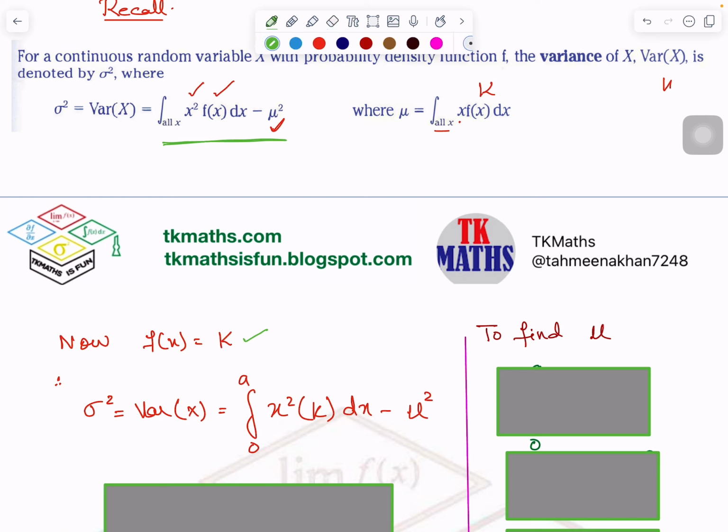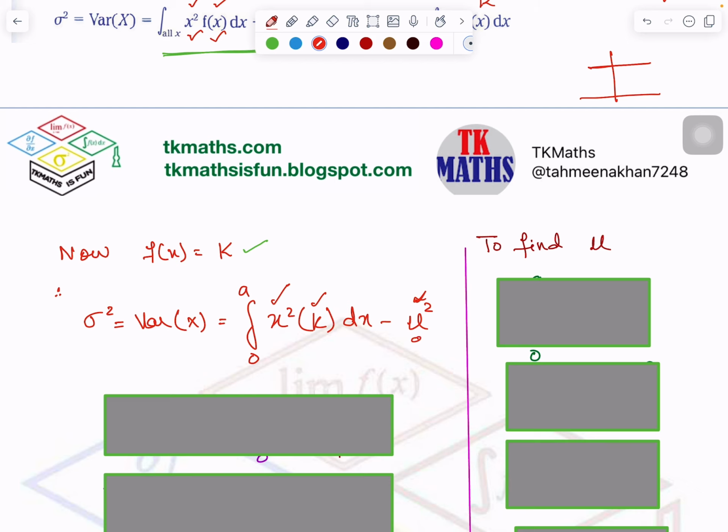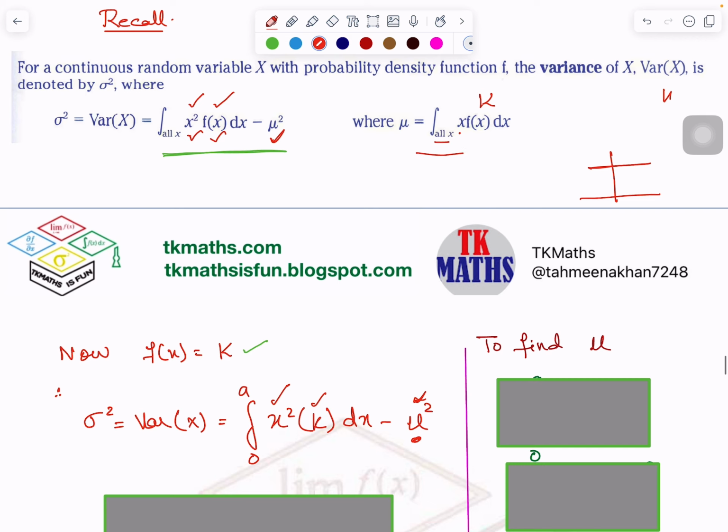So you can see here, x square is here, function is k and dx minus mu square. Now k is a constant, right, because it was a line parallel to the x-axis, you have seen. We have to find mu first because I want to substitute mu here. So let's see. For mu, we will apply this formula.